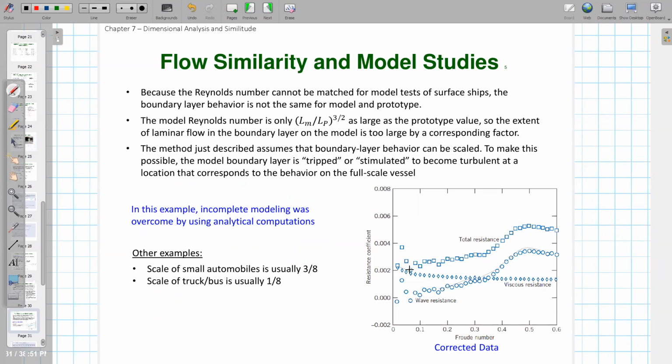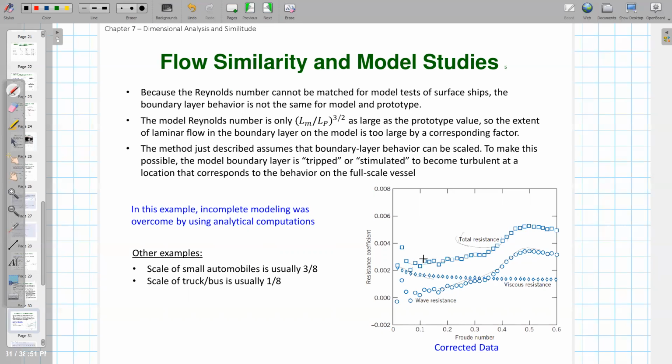Remember, this one is generated using the correct Reynolds number. Although maybe it is not 100% correct, it should give you a good estimation. Now you have both these two curves, right? You add these two curves together, and you get your corrected, fixed total resistance.